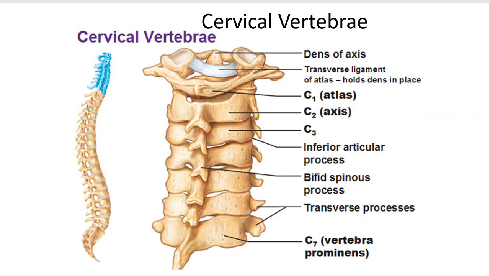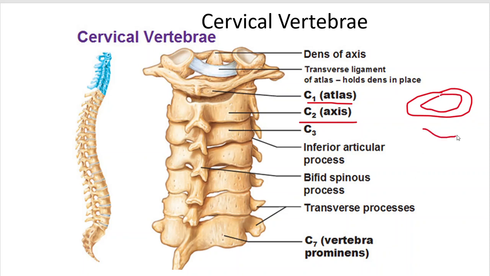Now, we do have special vertebrae. The first 2 vertebrae, which would be C1 and C2, these guys are so special. Not only that they've got a number, they've got a name. C1 is called the atlas, and he looks like a ring of bone, and that's about it.